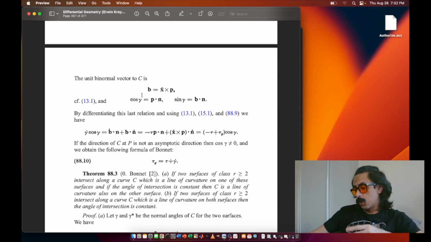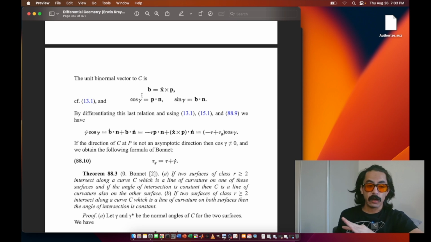So we also have, going back to the early theory of curves chapter sections, cosine of gamma is equal to the scalar product of p with n. So you have p dot n, not to be confused, when I read that out loud, with the dot derivatives denoting derivatives in this book. In the Kreyszig book, a dot derivative is a derivative with respect to arc length lowercase s.